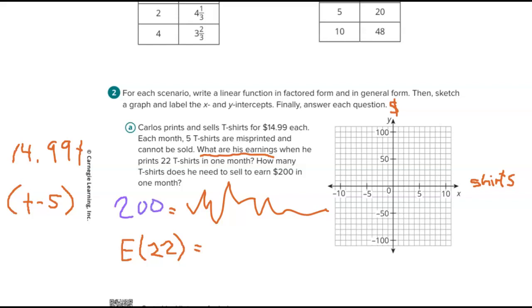And then you'll solve until you get the answer, some number, equals t. And that will tell you how many t-shirts Carlos needs to sell in order to earn $200. So this is your second question.